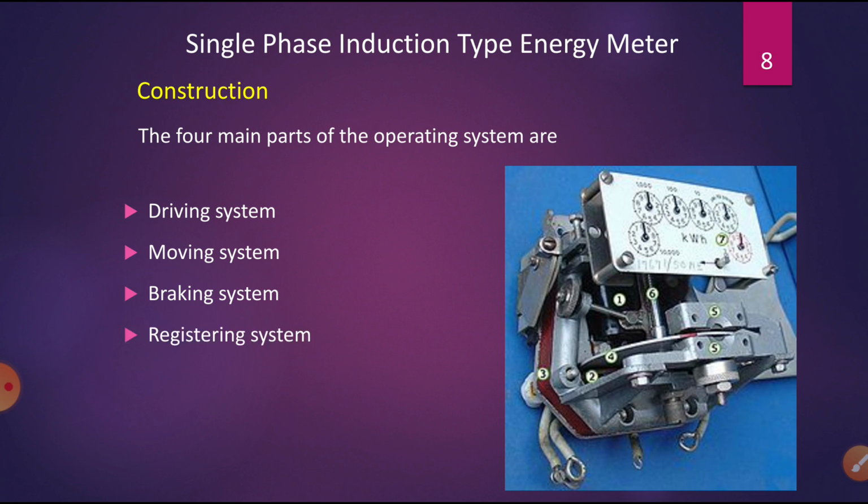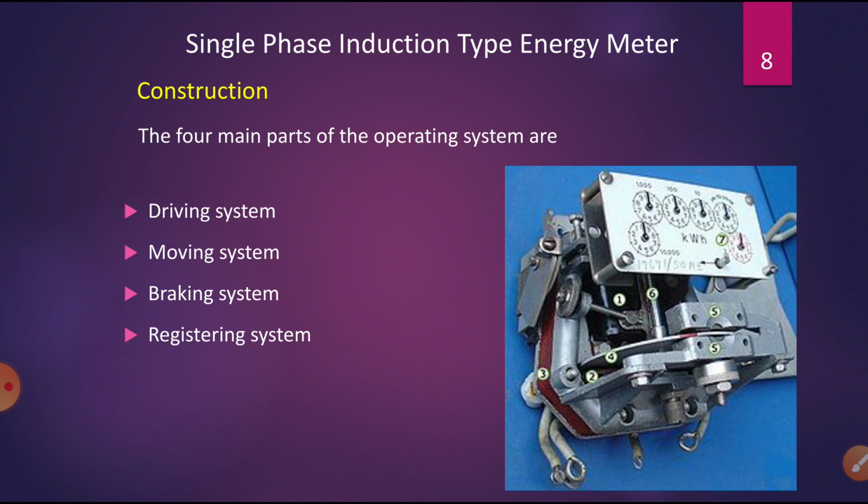These are the four systems present in an analog single phase energy meter. What is the difference of each one? We will see.